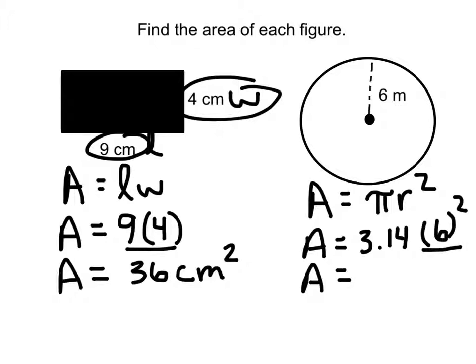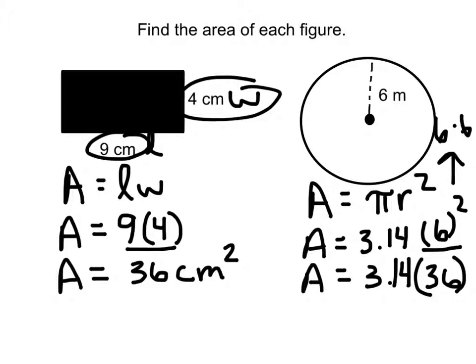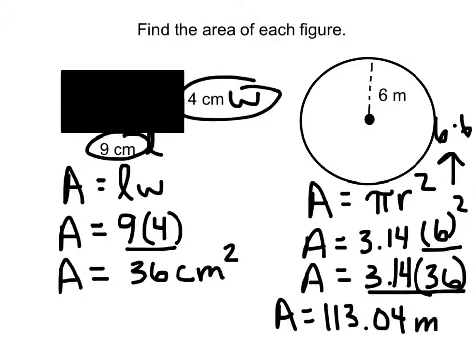So remember, 6 to the second really means 6 times 6, which is 36, times that 3.14 is still there. To finish up, I need to multiply 3.14 times 36, and the answer to that is going to be 113 4/100ths. And then I need a label. The area is always squared, so I have meters squared.